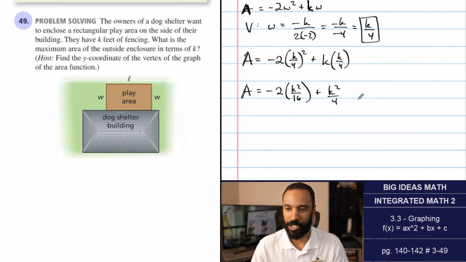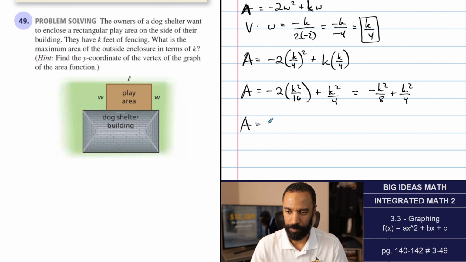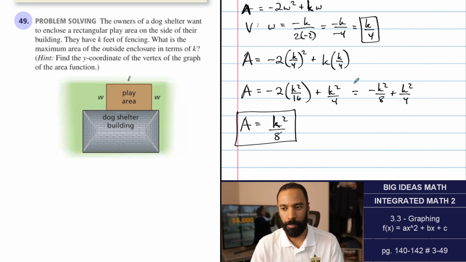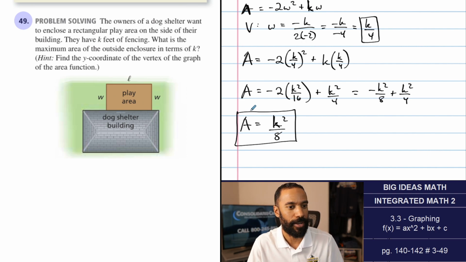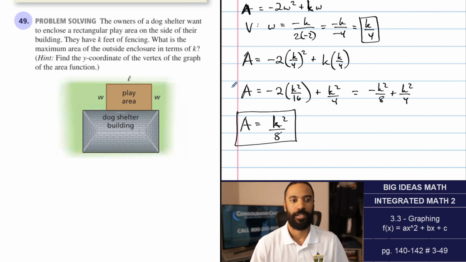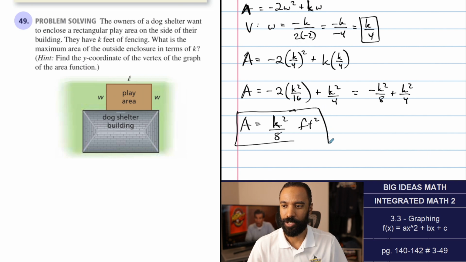Okay, this seems to match up with what we talked about with vertex before. That will be negative k squared over 8 plus k squared over 4, which equals k squared over 8. So that's the maximum area in terms of k. If we had a number for k, we could plug it in, and then we'd get the area. This is in square feet. Okay, that's the answer.